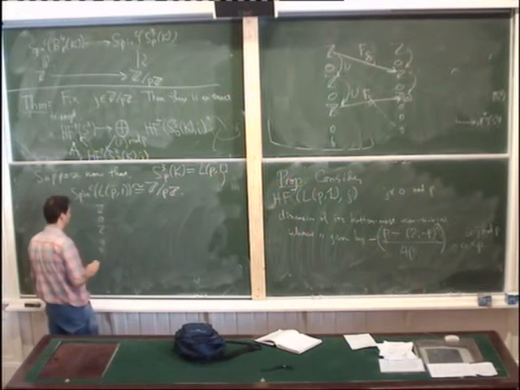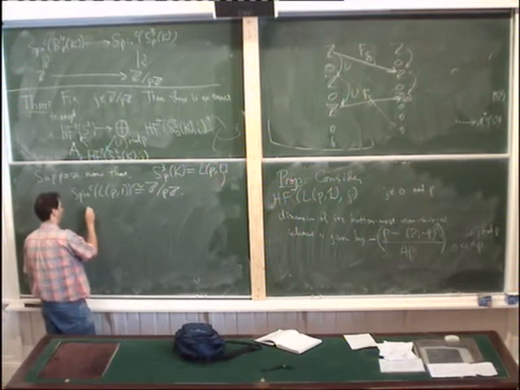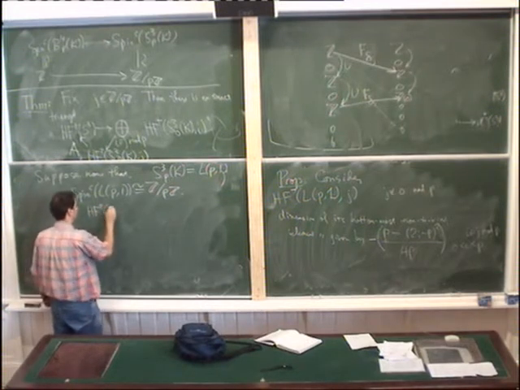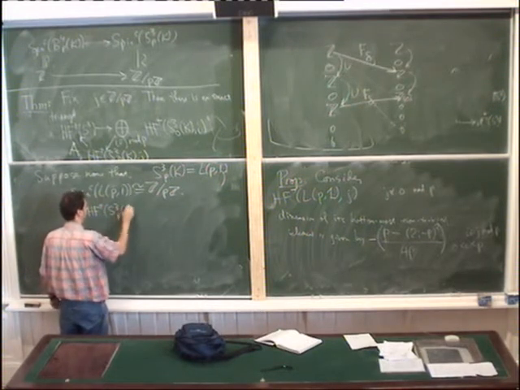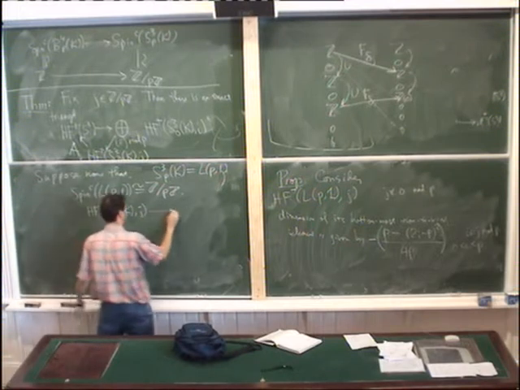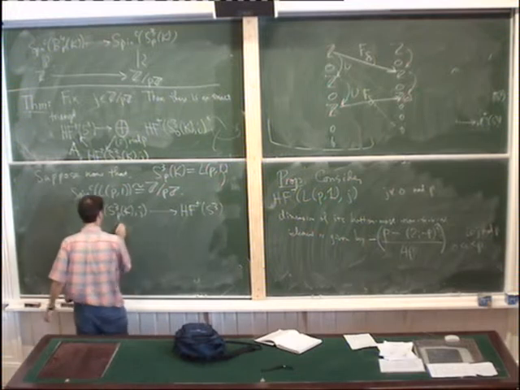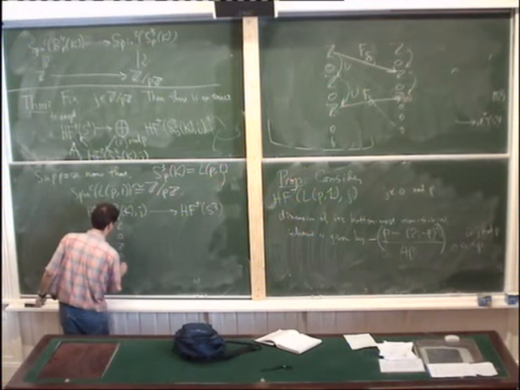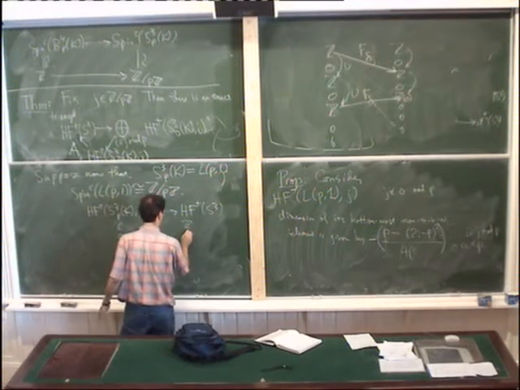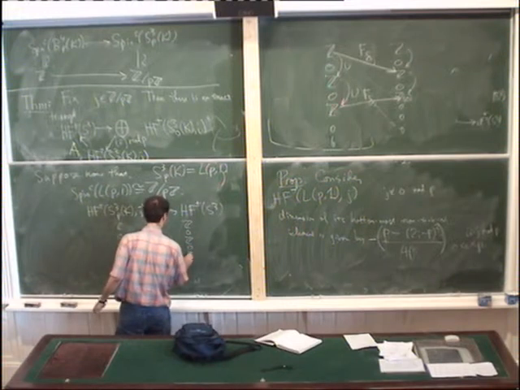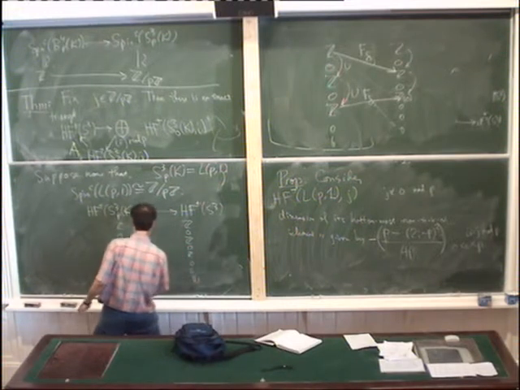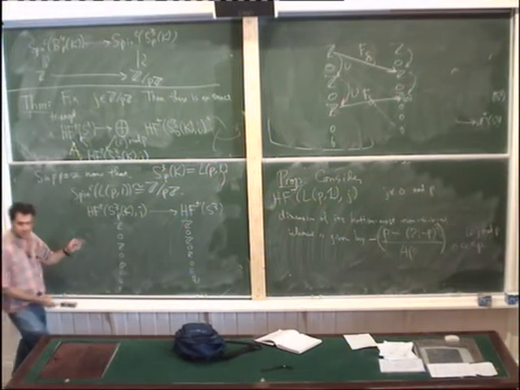So let's now consider HF plus of S3PK in the jth spin C structure mapping to HF plus of S3. And again, we have an infinite chain of Z's and zeros. Only now, we don't know that this map is an isomorphism.